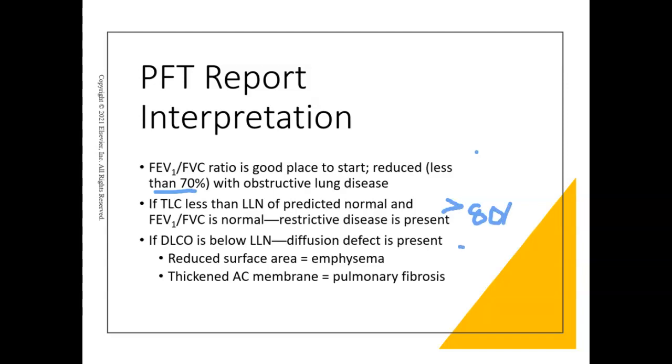My DLCO, if it's less than 80% of predicted, then it is a diffusion defect like emphysema. So TLC less than 80% of predicted, that's restrictive. DLCO less than 80% of predicted, that's a diffusion defect.